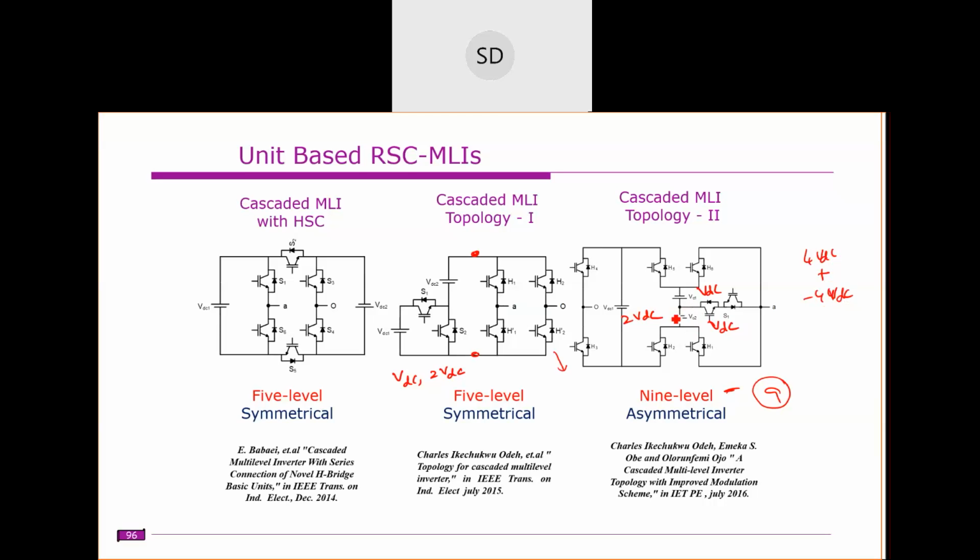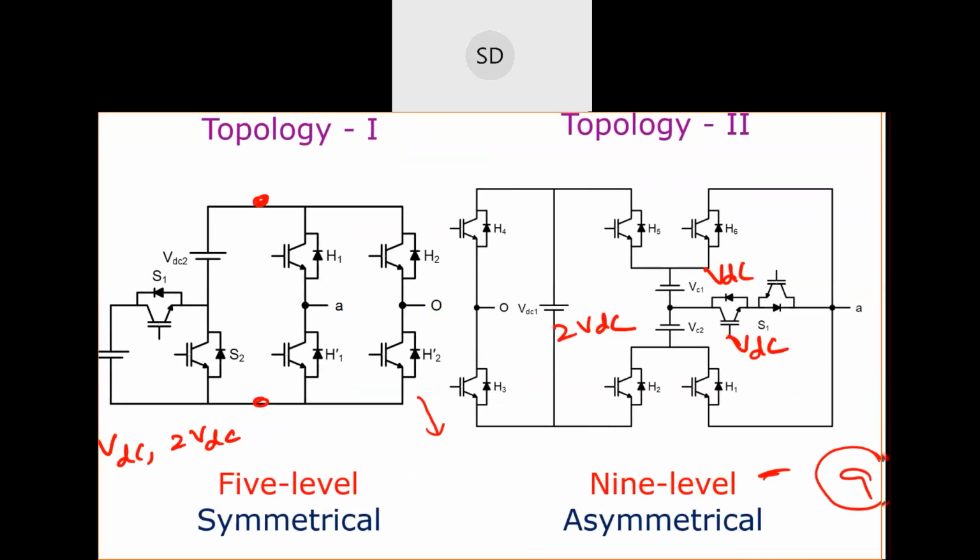So if you want 4 VDC, which switches do you need to turn on? Which switches do we need to turn on to get 4 VDC? H1, H5, H3.